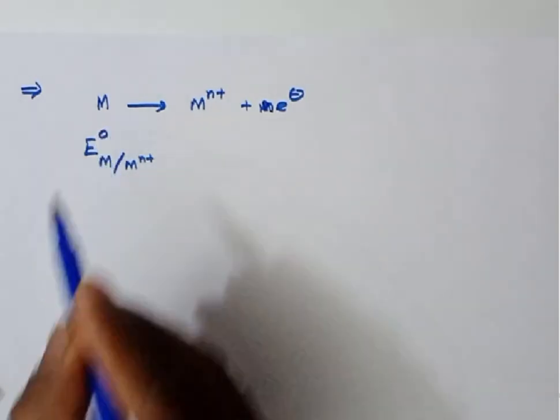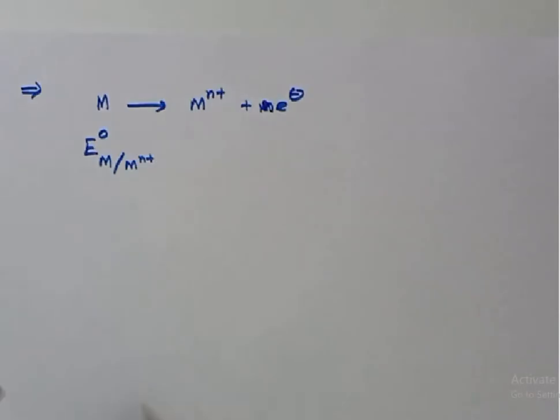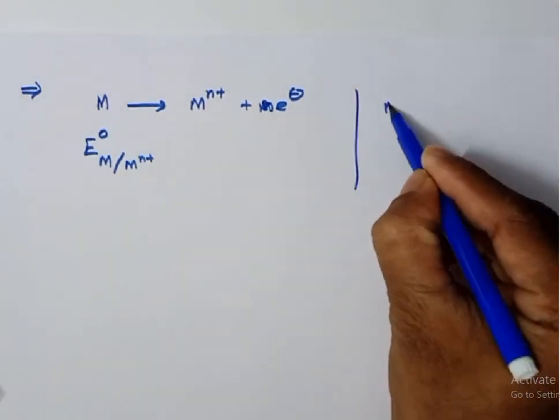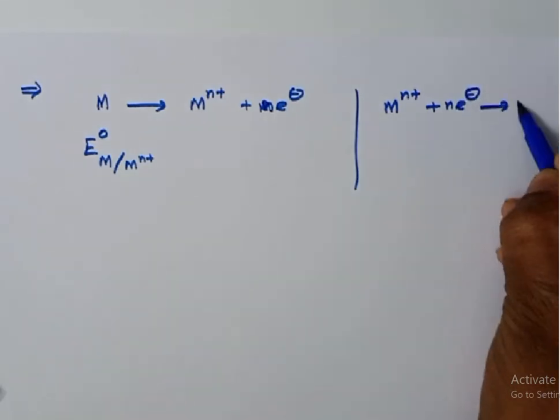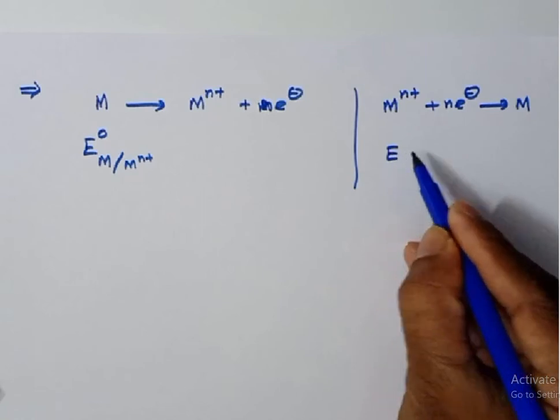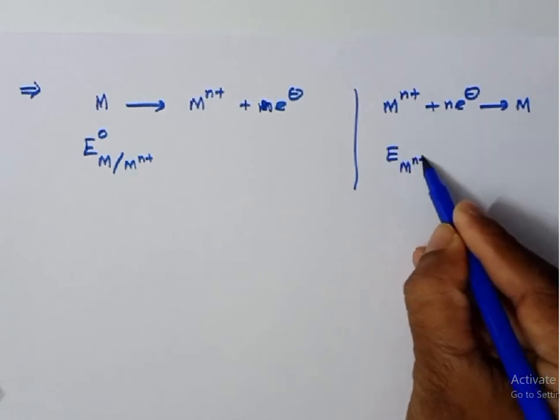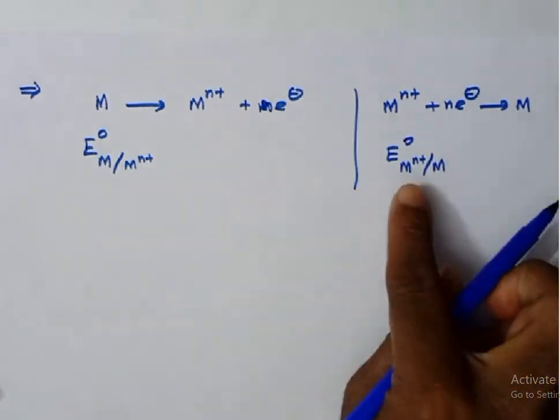If I put the not symbol, it is called the standard oxidation potential of the metal. Suppose the metal ion gains electrons and becomes a metal, this is called reduction, and here the potential, metal ion becoming metal, is called reduction potential. If I put a not symbol here, it is called the standard reduction potential.